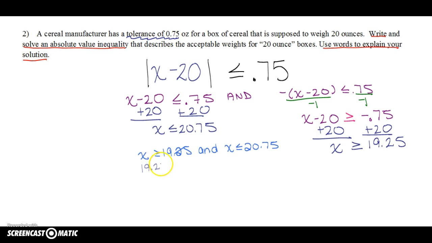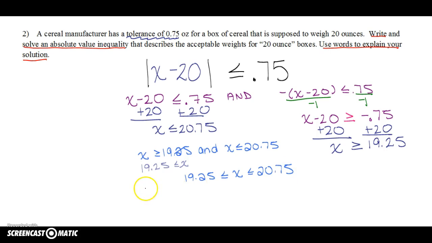I will rewrite this inequality and then get my final answer mushed together in one inequality. And there's my answer.